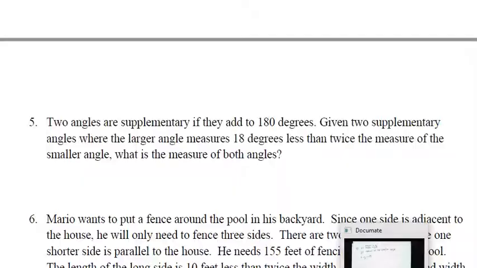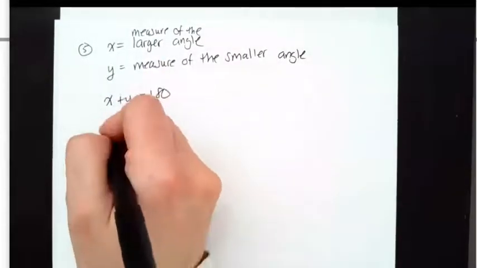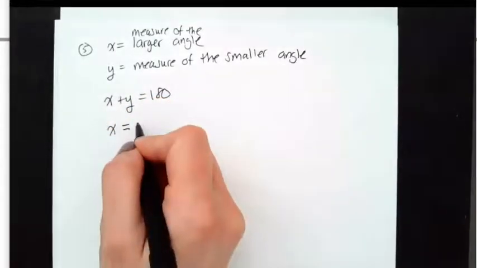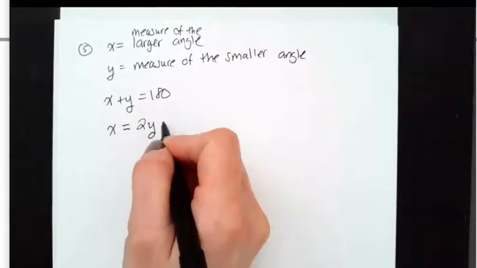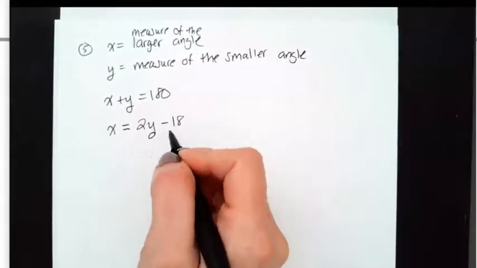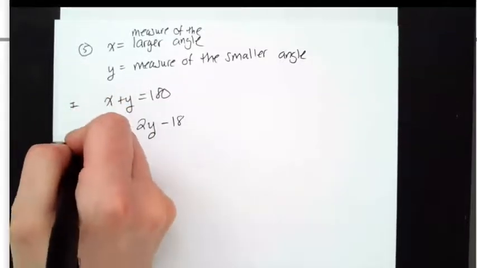Let's write that out. X is 18 degrees less than twice the measure of the smaller angle. Again, we see that less than, so change the order of your subtraction. So these are my two equations.